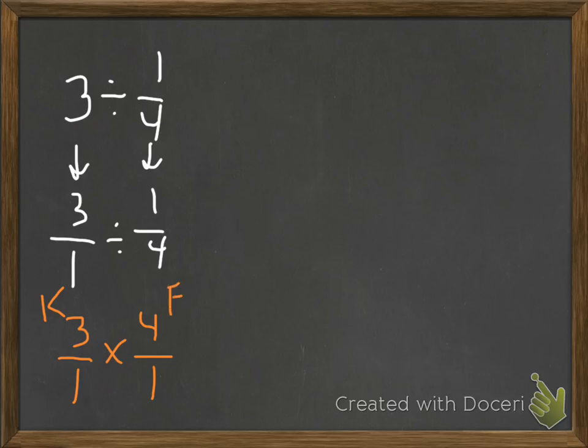Keep, flip, change. 3 times 4 is 12 over 1, and 12 divided by 1 is 12. And that is all that you're doing for Lesson 1. It's a whole number over 1, keep, flip, change, multiply it, and then change it to a whole number.